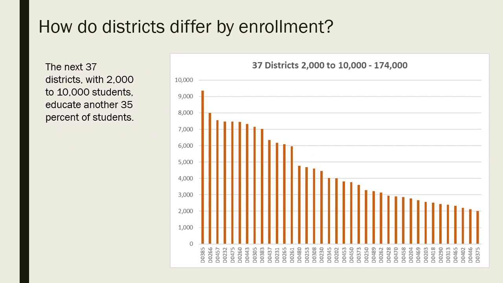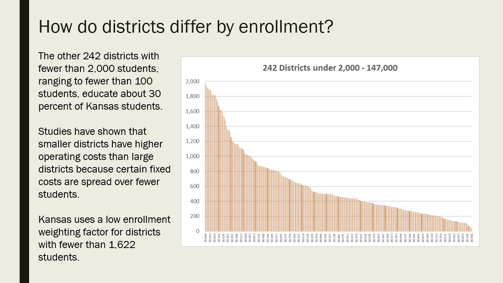The next 37 districts in size, between 2,000 and 10,000 students, educate another 35% of Kansas students. The remaining 242 districts, with fewer than 2,000 students each, educate the final 30% of Kansas students, and these go down to below 100 students each.